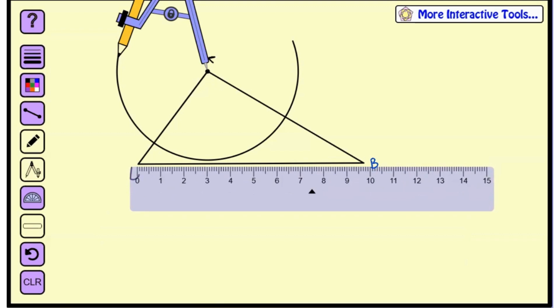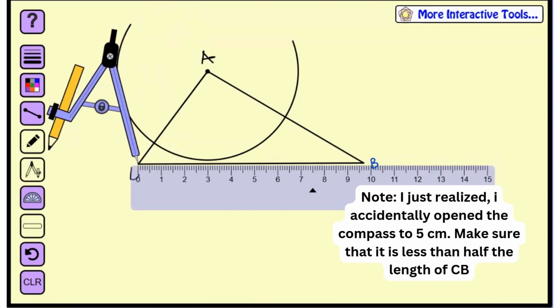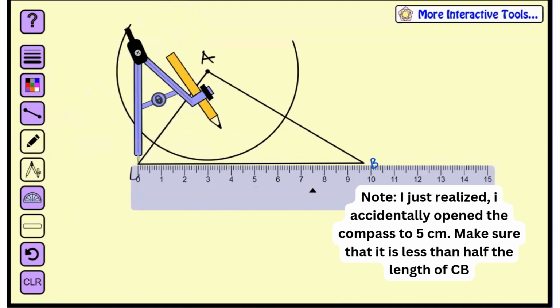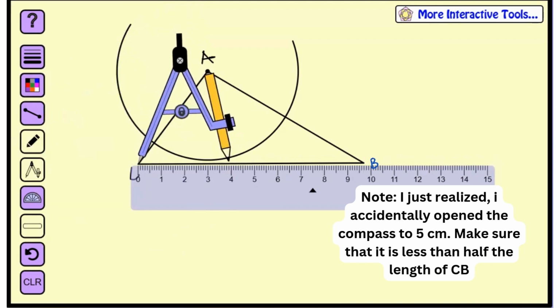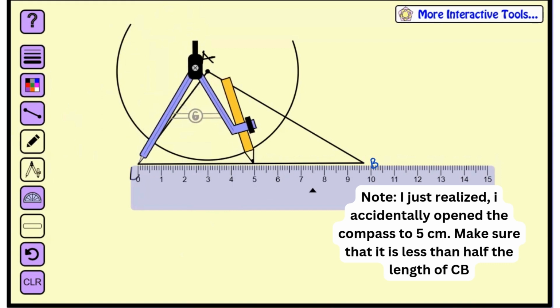So we need to find a distance that's less than half of the distance. So if the total distance of CB is 9.7 for this triangle, half of 9.7 will be 4.85. So less than 4.85. Let's pick 4.5. So we're going to put our compass over here and open it to a length of 4.5 because that is less than half.